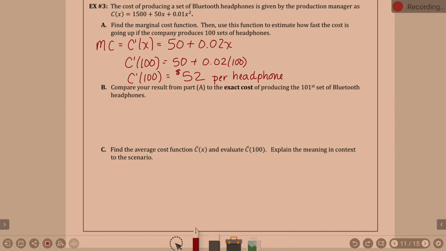Okay. B. Compare your result from part A to the exact cost of producing the 101st set of Bluetooth headphones. So you have to plug this into the first one. Yeah. First equation. So what are we doing here to find the 101st set? Plug in 101. Oh wait, no. Do 101 minus 100.